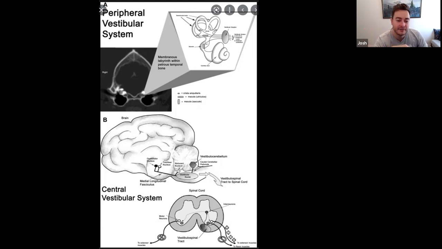So say if it's the left, they'll push off the left and tilt right. It'll look like a right-sided peripheral vestibular lesion, but it's truly a central left vestibular lesion.